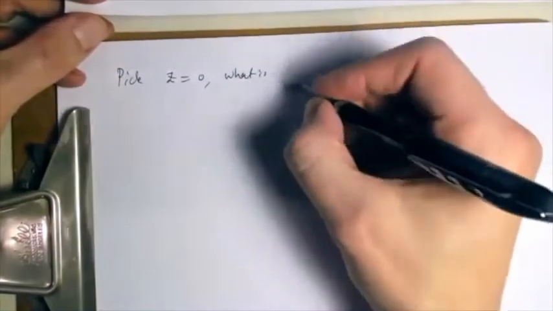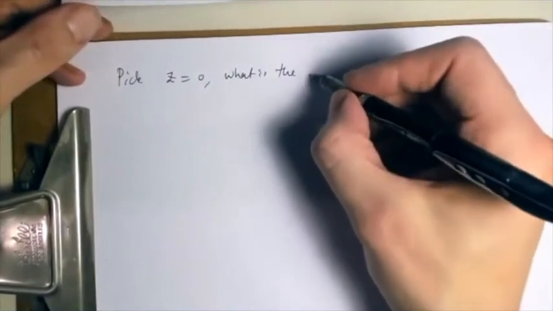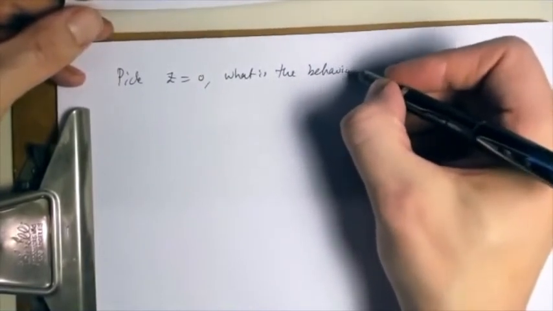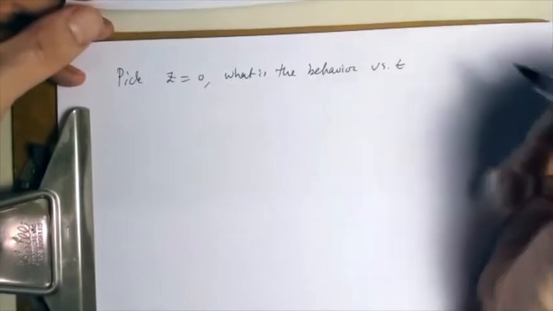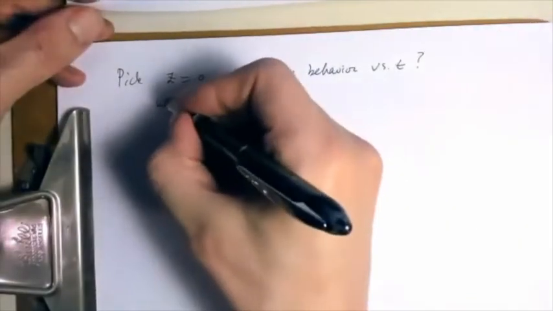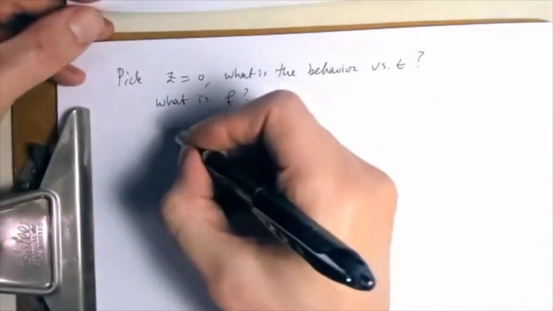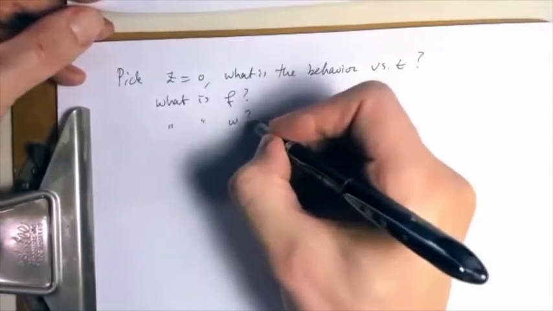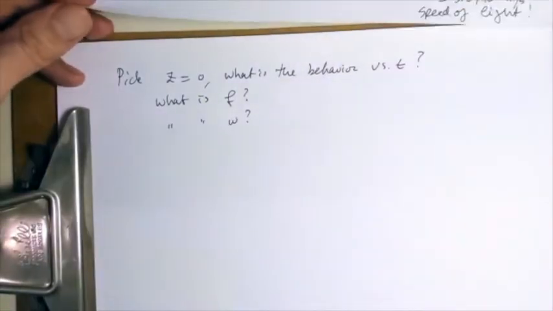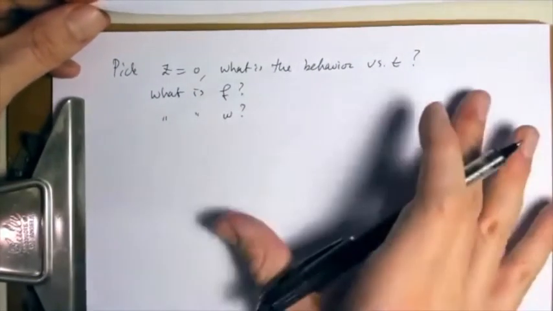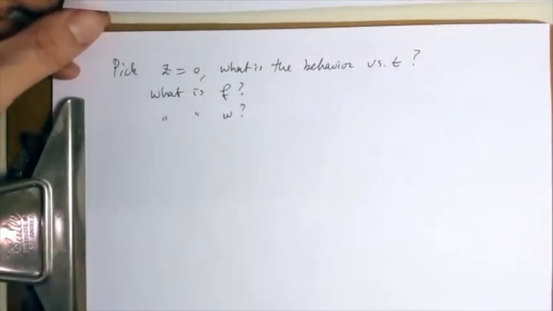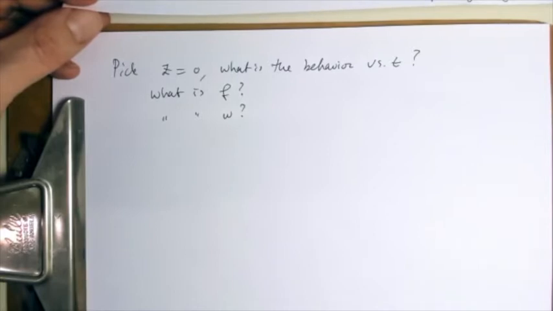What is the behavior versus time? And then what is frequency, and what is angular frequency? I'm going to pause this for a second, so I want you to just look at it yourself. This is where I would usually use Nearpod, but because we're doing this asynchronously today, when you're ready, just do it again.